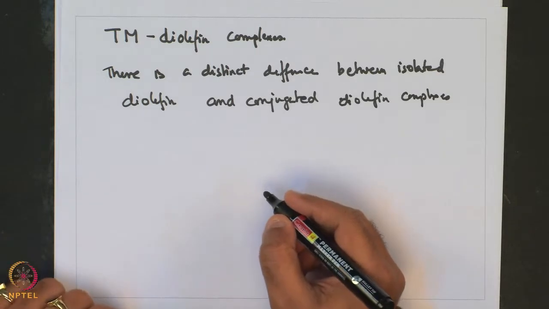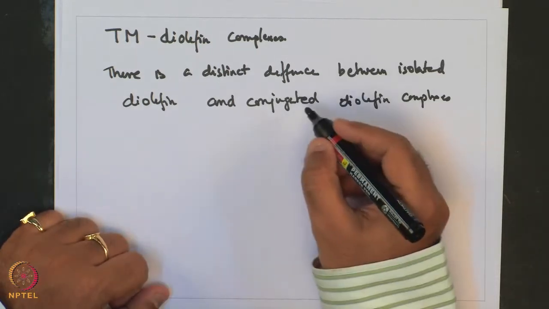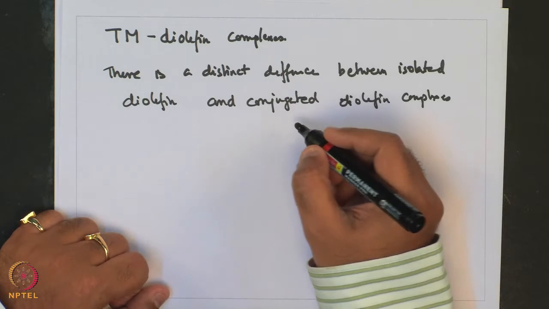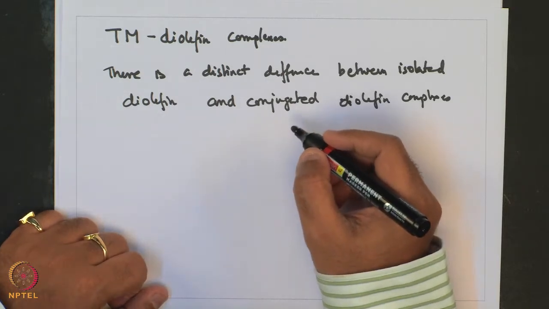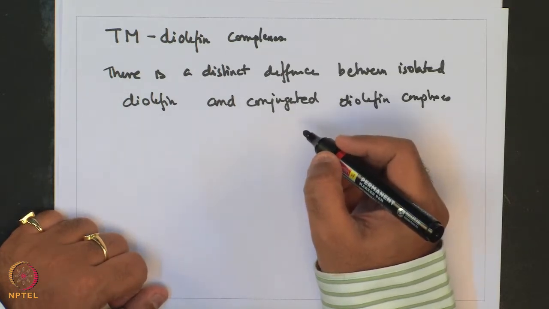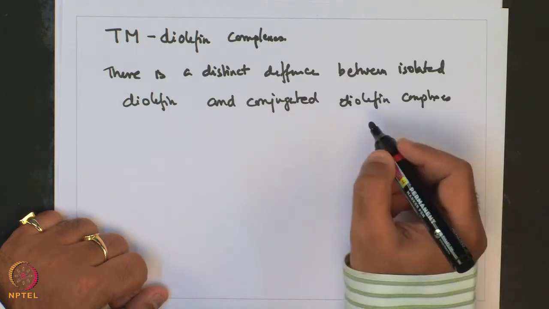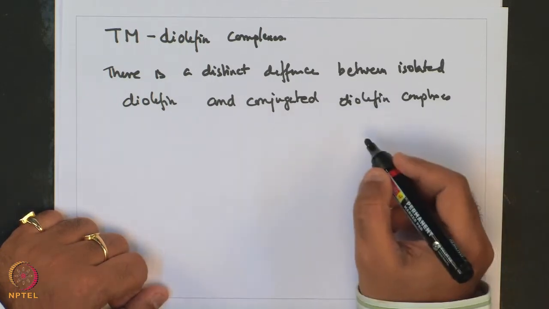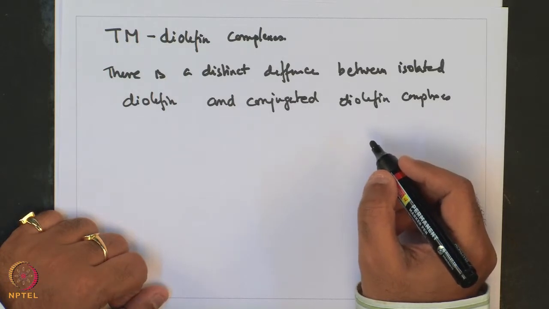Now, this is different because when it comes to conjugation, as a result of conjugation, the bond length and structure of this di-olefin would change, and hence the statement that conjugated di-olefin is different from isolated di-olefin.